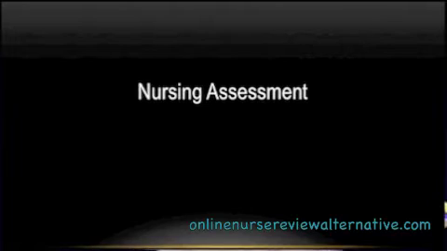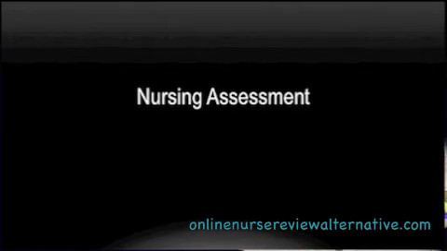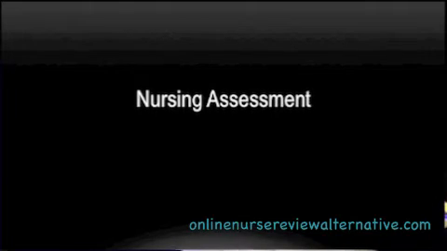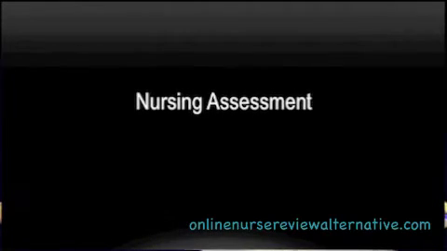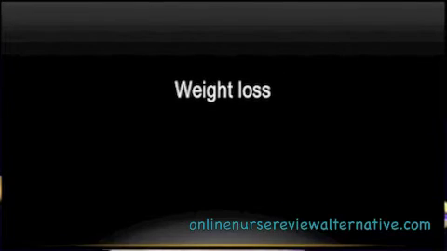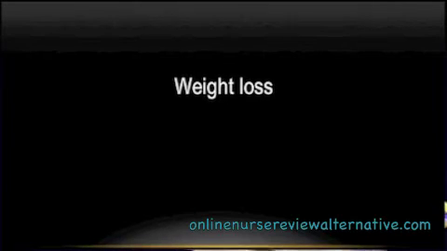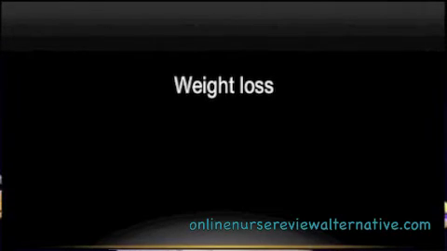So we've already talked about what the nursing assessments are. If we look at the nursing assessments, these are the major manifestations of this disorder. Weight loss. Remember we said that monitoring their weight is the most important thing in measurement of fluid volume excess or deficit.